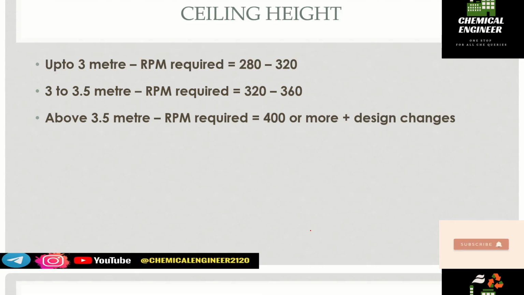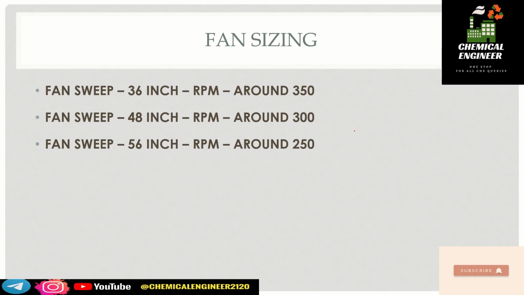Now we will see the relationship between the RPM and fan size. In general, in our homes we have fan sizes of 36 inch, 48 inch, and then 56 inch. Okay, so in general these three are the standard sizes of the fan.